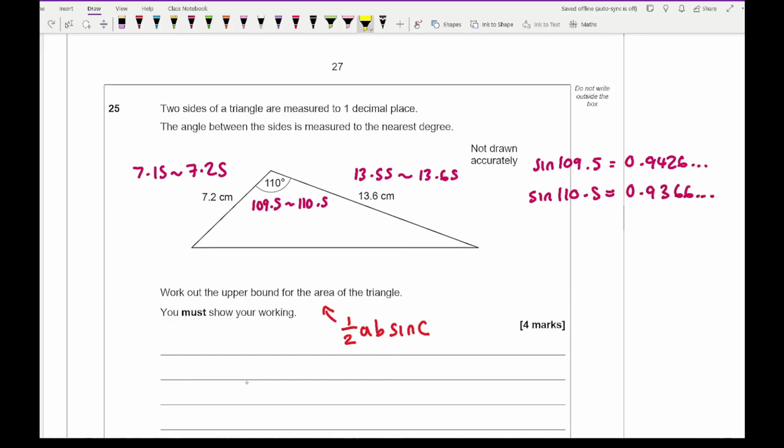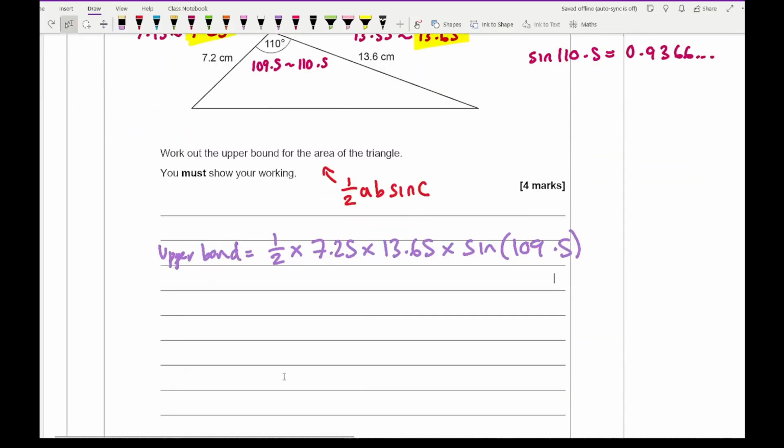So in terms of the lengths, I want 7.25, 13.65, and an angle of 109.5. So the upper bound is going to be a half times 7.25 times 13.65 times sine of 109.5. And if I type that all into my calculator, I get an answer of 46.64, and that's in centimetre squared.